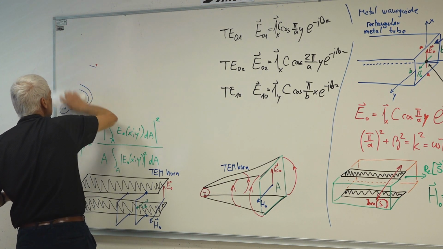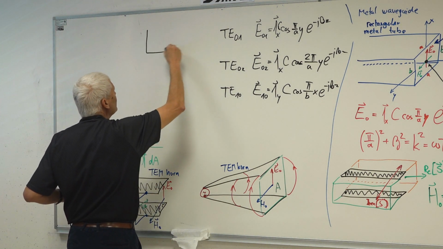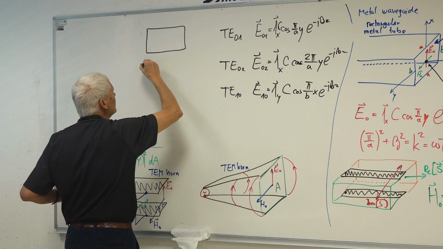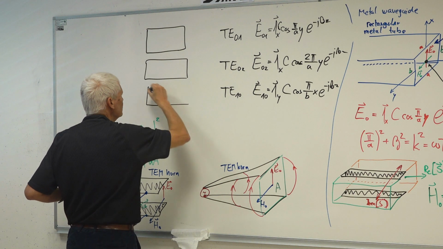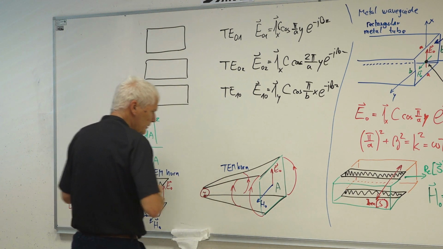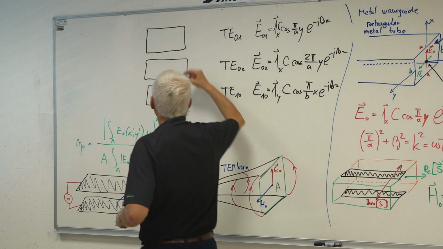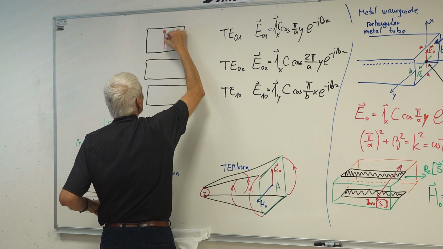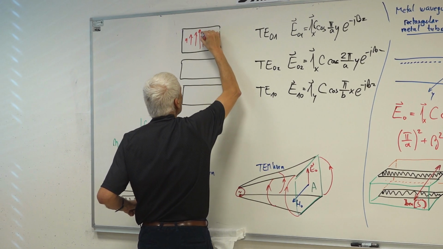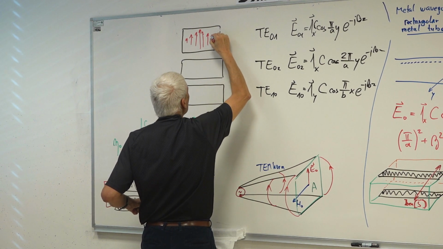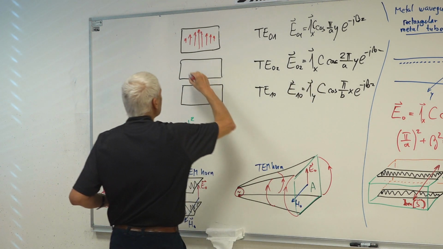Making a sketch of the fields. So I just draw 3 times the aperture: 1, 2 for the second example, and 3 for the third example. I will just draw the electric field, to keep things simple. So here we have just 1 half wave of the cosine. Okay. Here I will have 2 half waves of the cosine.